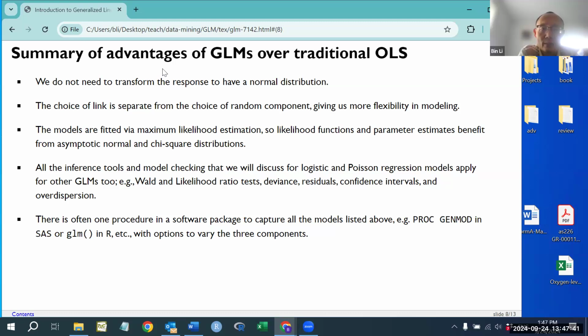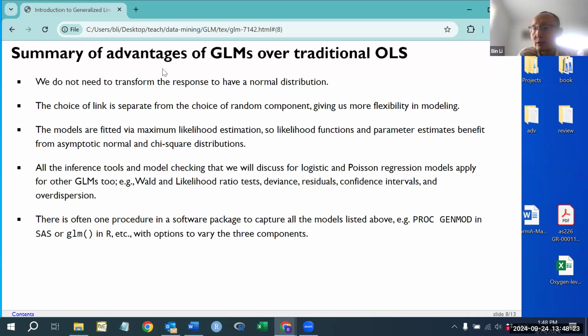Compared to ordinary least squares models, GLM models do not need to transform the response variable to a normal distribution. Also, the choice of the link function is independent of the choice of the random component, so we have much more flexibility in GLM models.